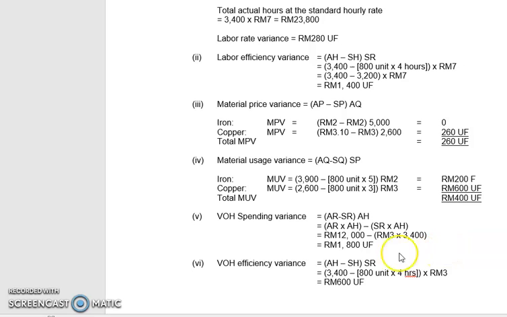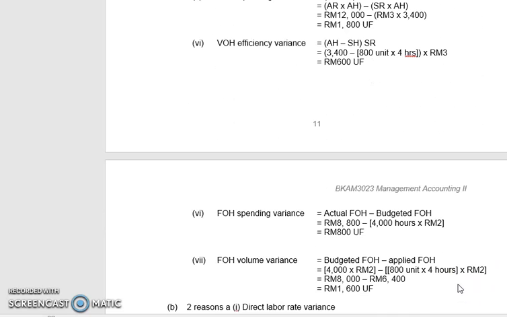Variable overhead spending variance, you get 1,800 unfavorable. Variable overhead efficiency variance, you get 600 unfavorable. For fixed overhead spending variance, you put in all that information and you get 800 unfavorable.